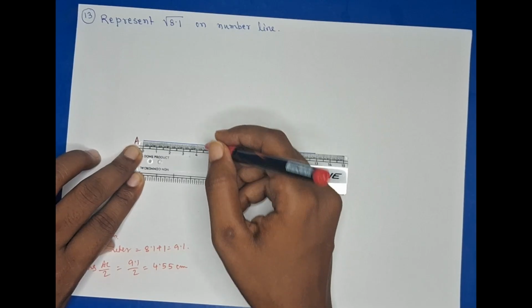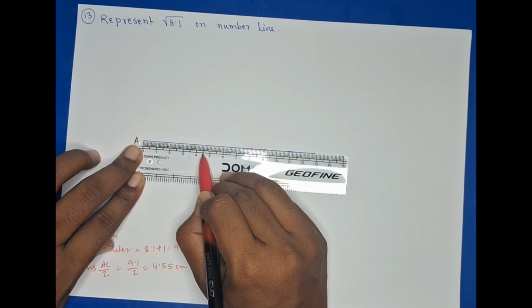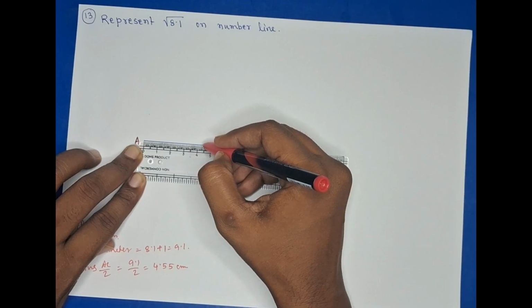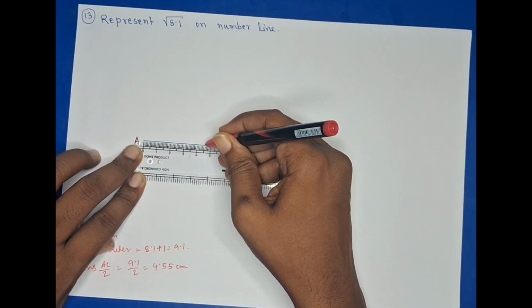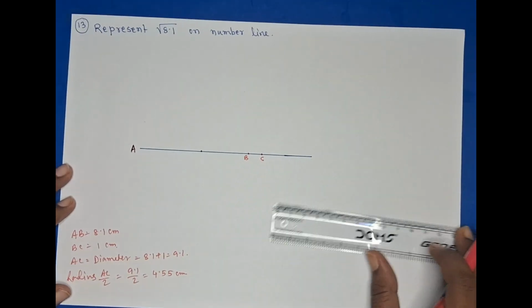This is 4, this is 5, this is 4.5, and we have to mark 4.55. In between 4.5 and 4.6, the 4.55 comes. It is difficult to accurately mark, but approximately we are marking.